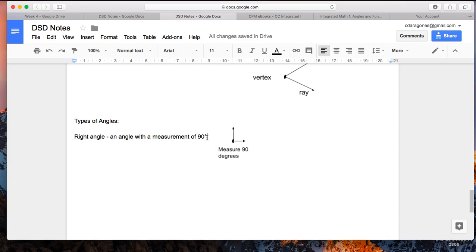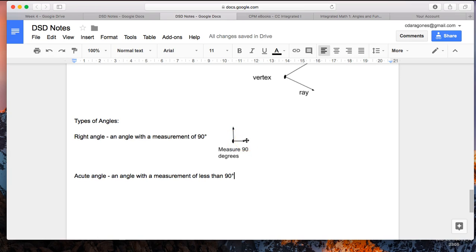So when an angle measures 90 degrees, it is called a right angle. Anything smaller is called an acute angle. So an acute angle is an angle with a measurement of less than 90 degrees. So here's our right angle, right?